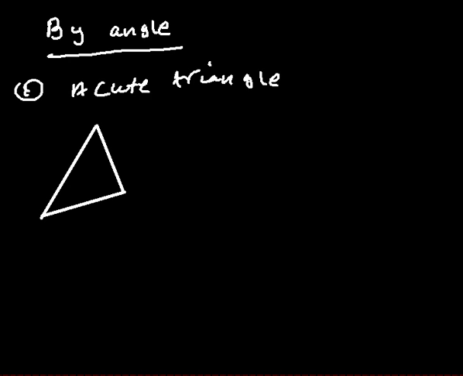So we can have, let's say, all its internal angles, none of them 90 degrees. We can have 60 degrees, we can have 30 degrees, we can have 20 degrees.